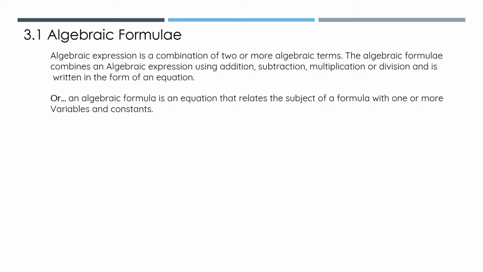I want you to refresh, or flash back to when you were in Form 1, you already learned what variables and constants are. Look at this algebraic expression here: P equals 2 in bracket x plus y plus 5.